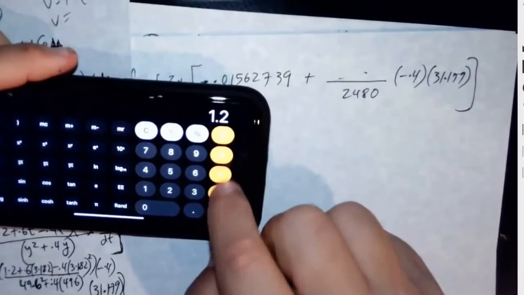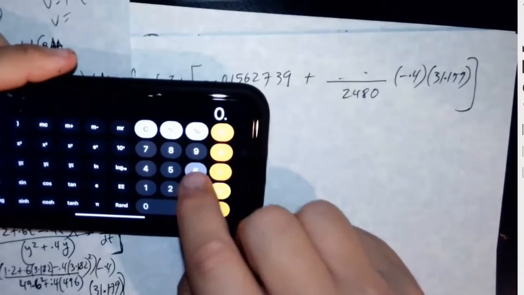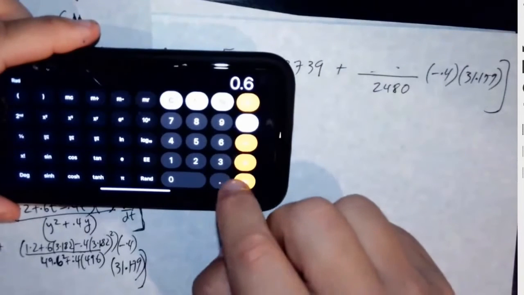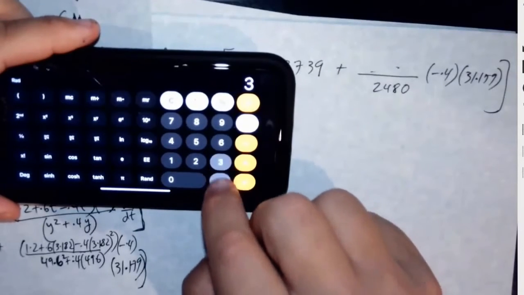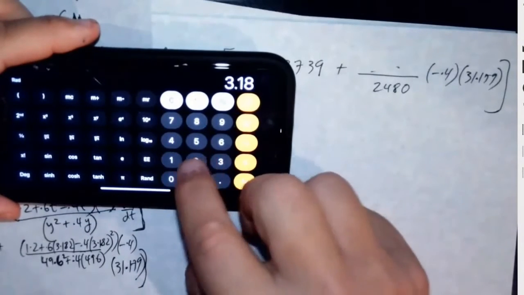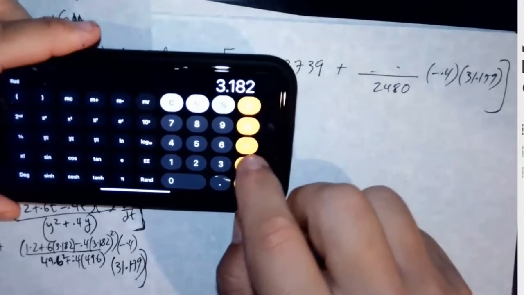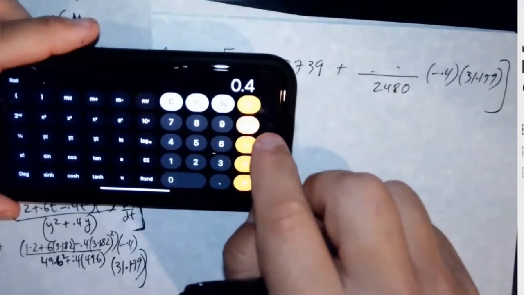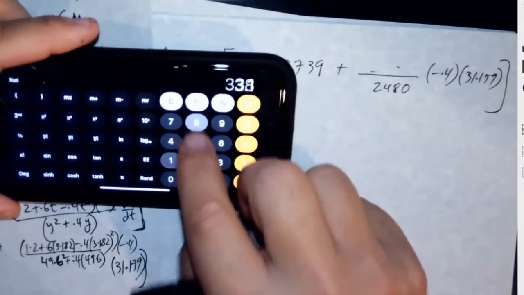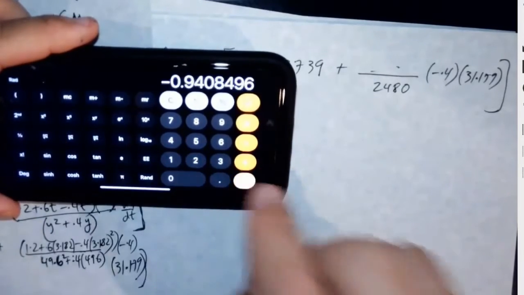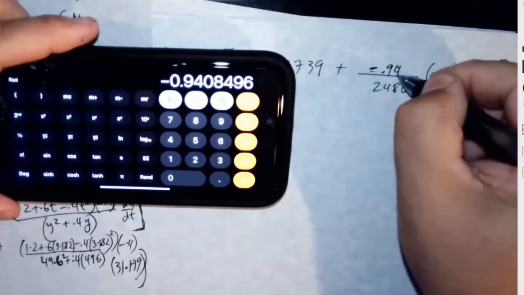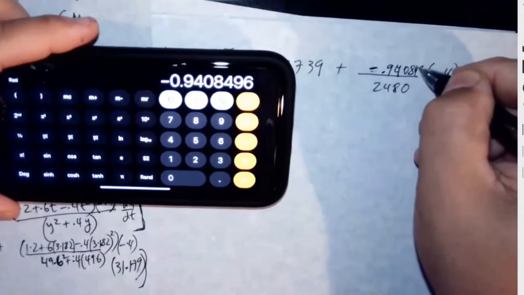1.2 plus 0.6 times 3.182 minus 0.4 times 3.182 squared equals. Okay, so now you got negative 0.9408496.